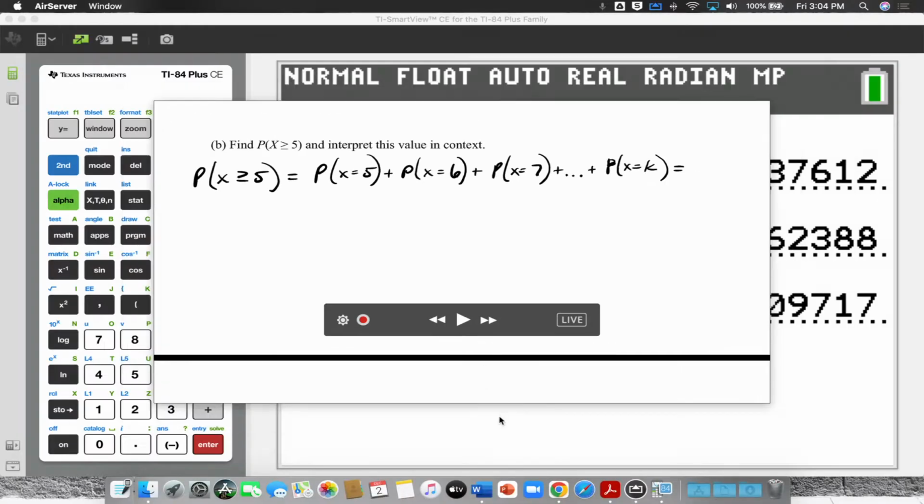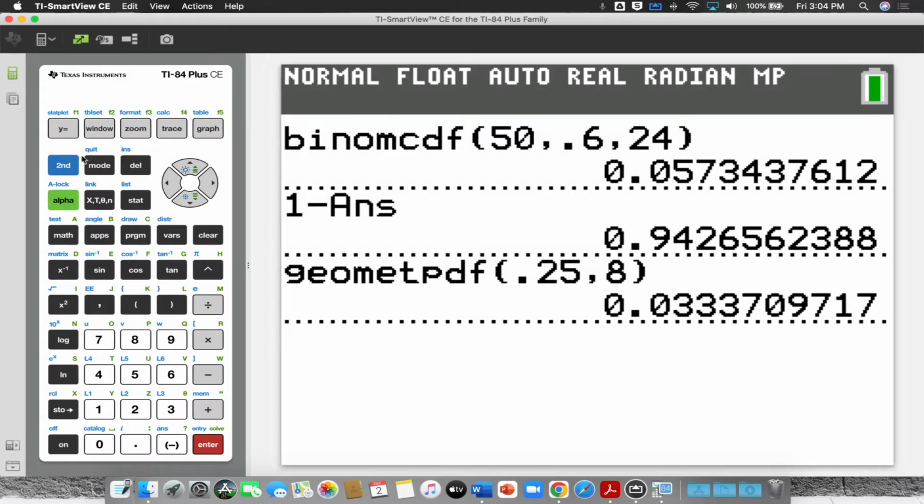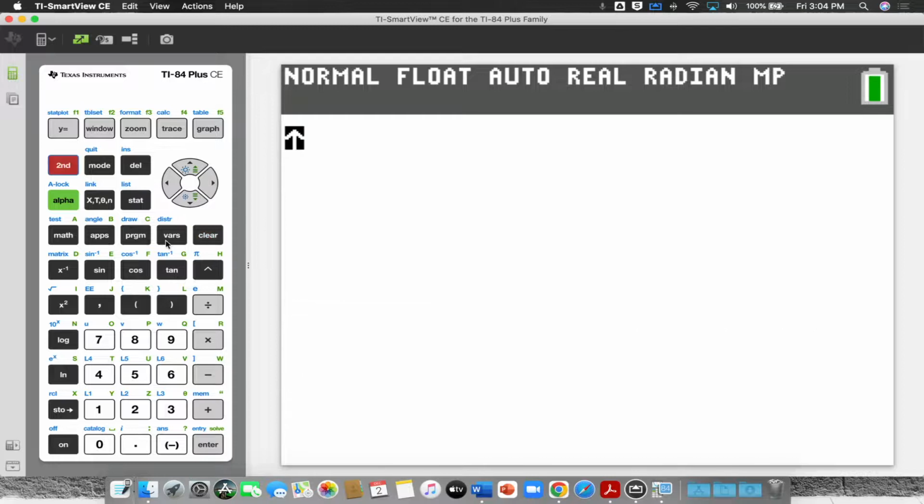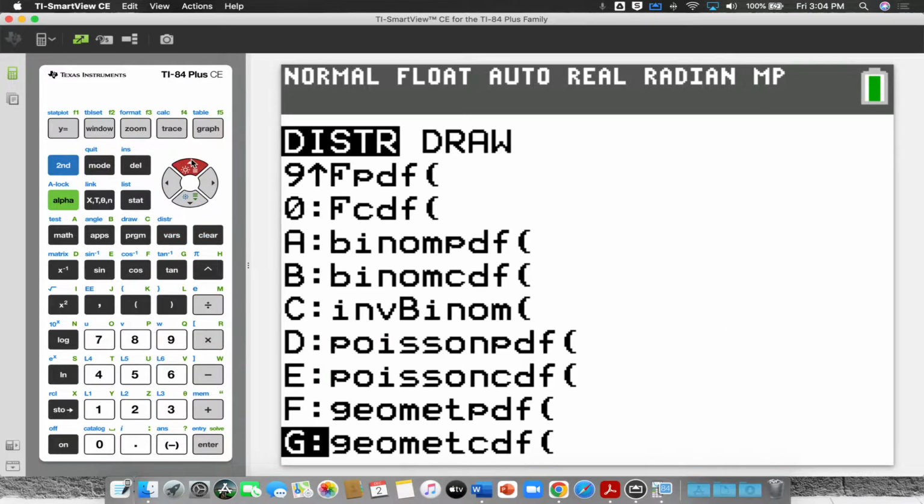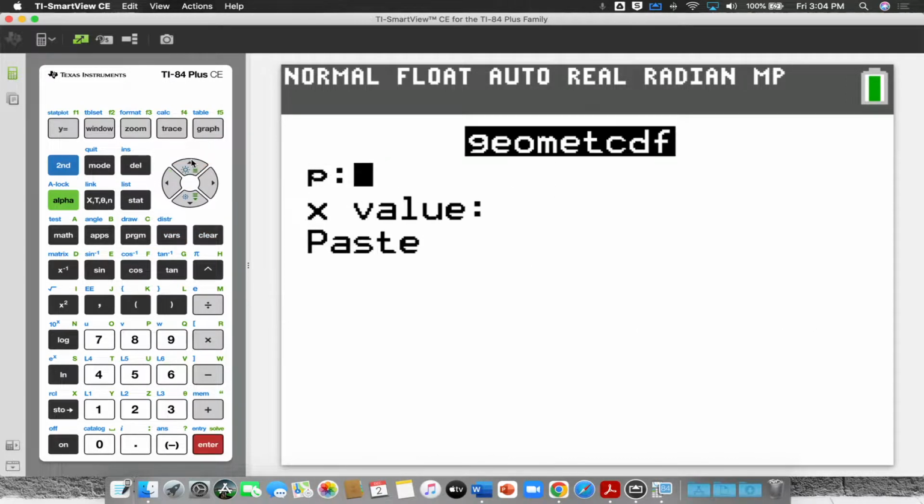So let's go to my calculator. .25, 4. So this is going to tell me the probability that he wins on his first ticket he buys.